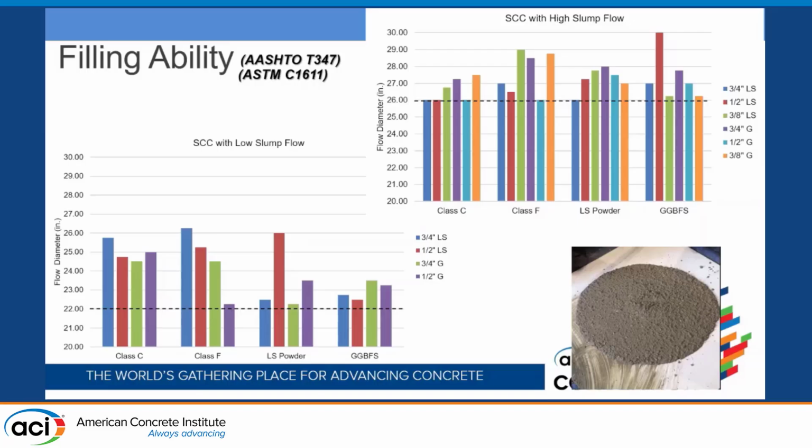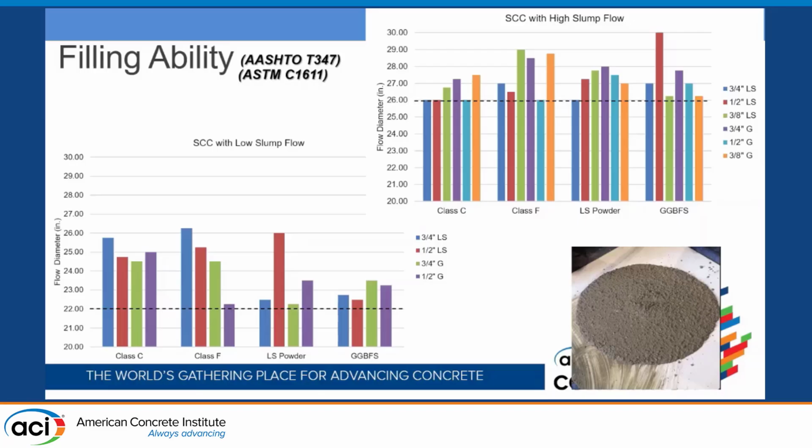And you can see the boundary here is 22 inches, and the ones with high slump, the 26 inches, and then group those based on the SCM used. And for every group, you can see 5 mixes, the limestone and the gravel, as well as the size of the aggregate, 3/8, 1/2 inch, and 3/4.